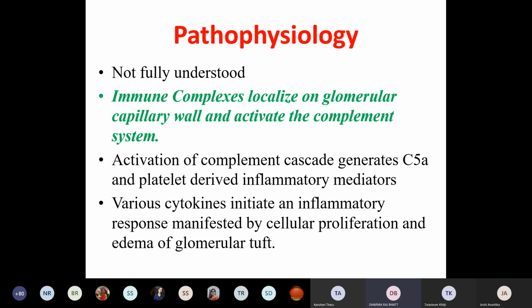So the basic pathophysiology of post-streptococcal glomerulonephritis is due to cross-reactivity of the streptococcal antibodies with the glomerular membrane, resulting in formation and deposition of immune complexes, which activate the complement system, resulting in inflammation and damage to the glomerular membrane and nephrons, resulting in glomerulonephritis.